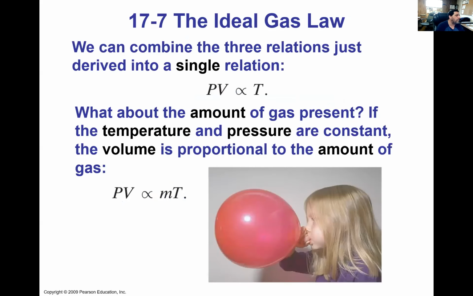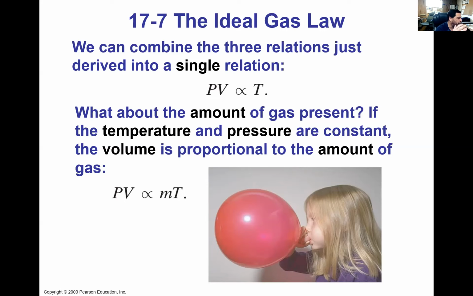So if you combine those previous relationships that we talked about, how things are proportional to one another, you can derive a single simple relation, pressure and volume being proportionate to temperature. So what about the amount of gas present? Now we're going to add the quantity of the gas that's present.